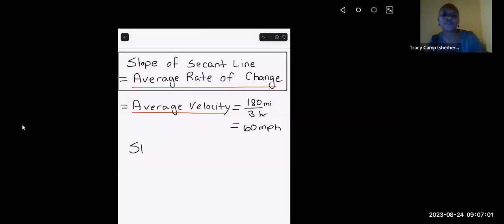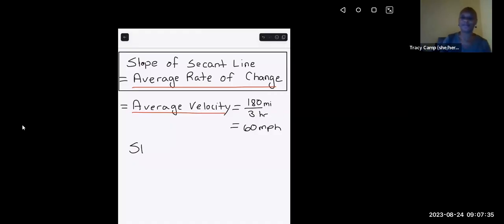So you can have average rate of change of anything that's changing with respect to another thing. I just gave the example of velocity, where the number of miles that you're driving is changing depending on how many hours you're driving, right? But you could also have miles per gallon. That's another rate of change, the number of miles you can drive as the number of gallons that you put in your car changes.